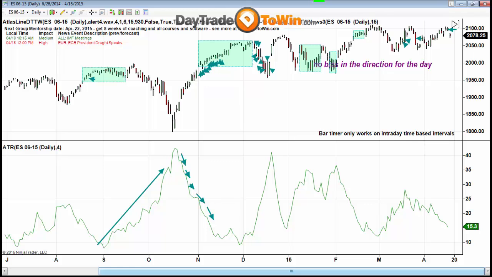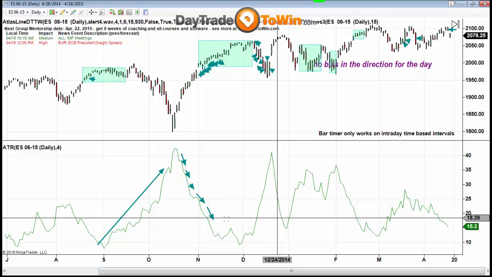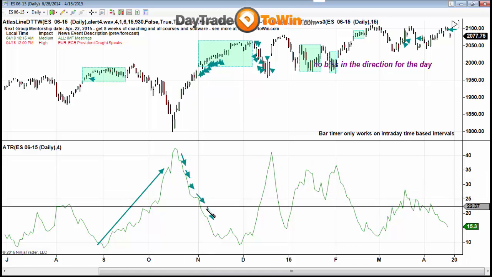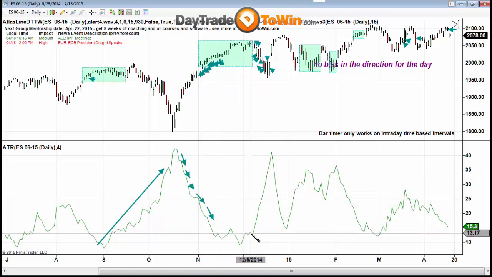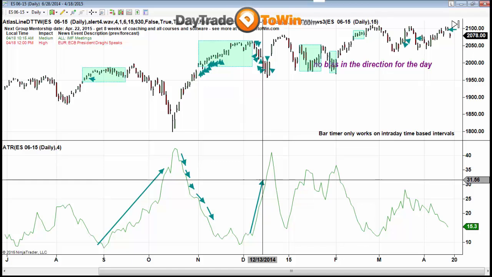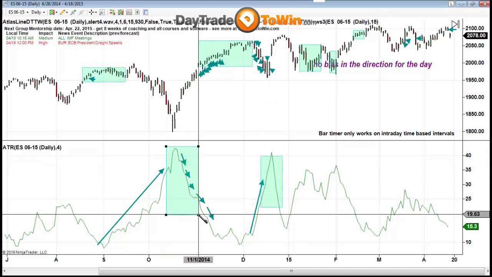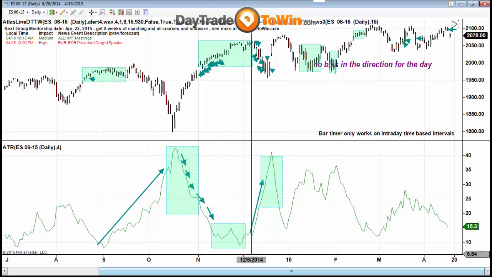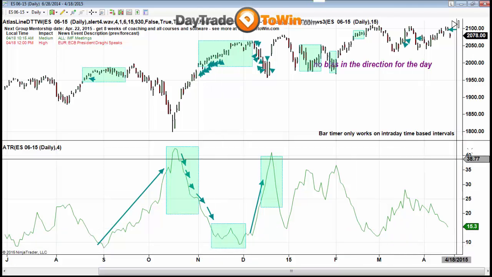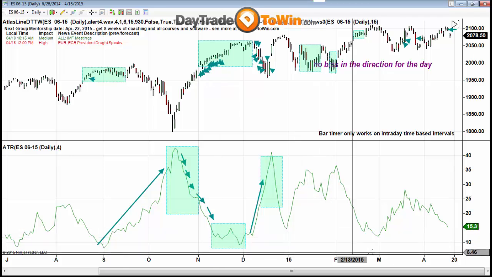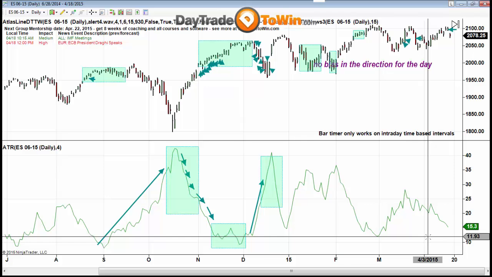I can only think of maybe 20, and then 15, and then 10. And as the ATR rises and falls, this is telling me that the market is getting slower and slower. And so this is a grouping. This is a grouping. And so is this. So it helps you understand the cycle if you look at the increase or decrease.